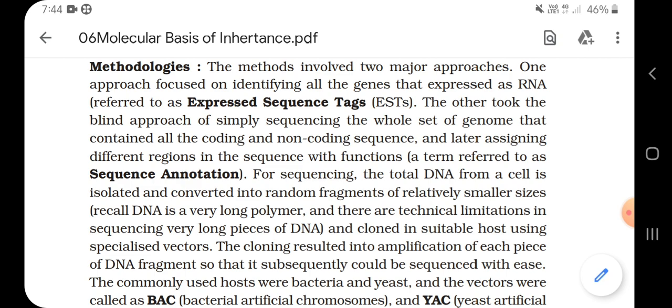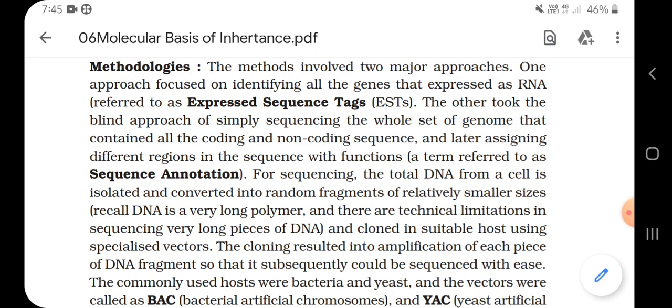expressed. So, for sequencing, the total DNA from a cell was isolated and was converted into random fragments, but relatively of smaller size, right? But these fragments were then cloned, that means a replica was produced inside a suitable host, which were called the vectors, about which you will go through in detail in the chapter biotechnology.